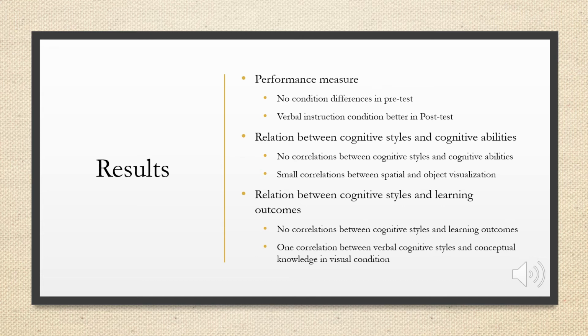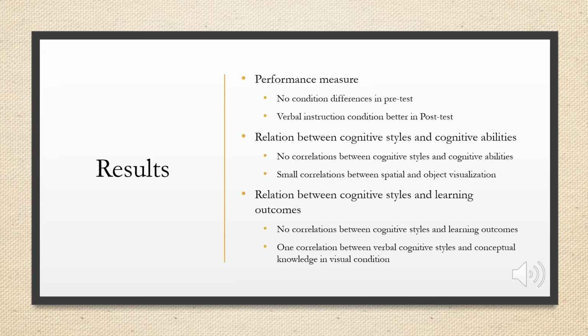There were no differences between conditions in cognitive abilities or pre-test scores. In the post-test, the participants assigned to the verbal introduction condition had higher scores. For conceptual, intuitive, and situational knowledge, no differences were found, but for procedural knowledge, the verbal introduction condition performed better than the participants in the visual introduction condition.